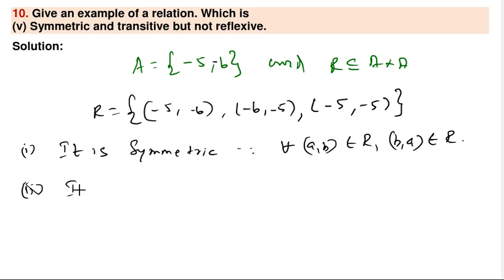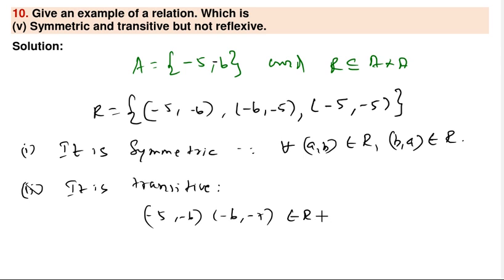The second one, it is transitive. Minus 5 comma minus 6 and minus 6 comma minus 5 belong to R, and minus 5 minus 5 belongs to R. This is one possibility.